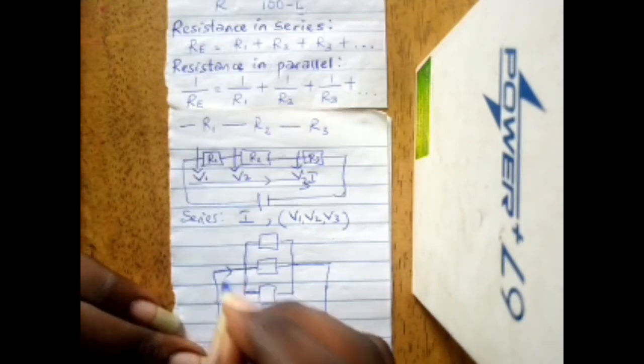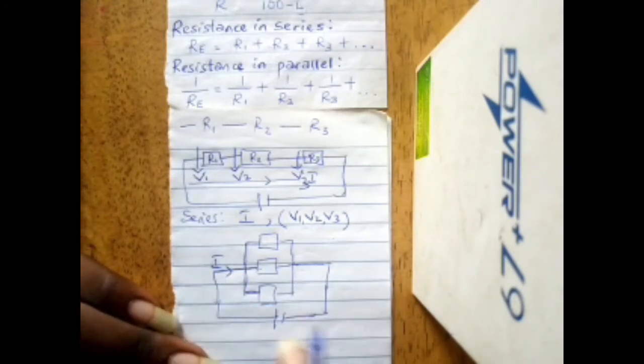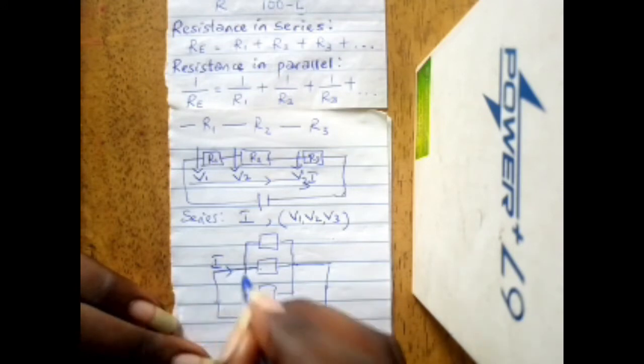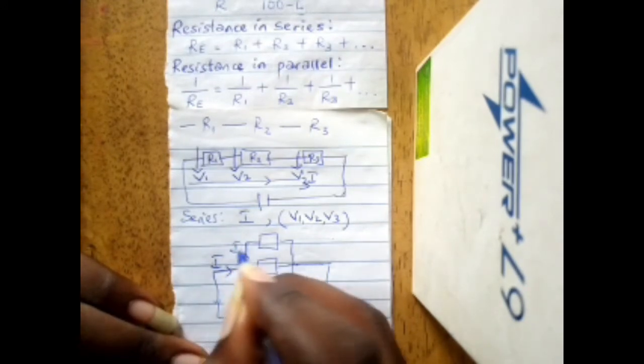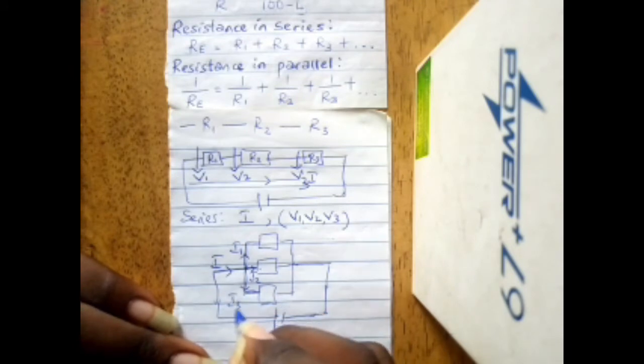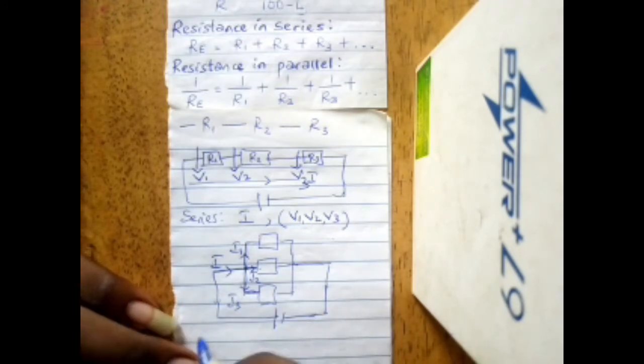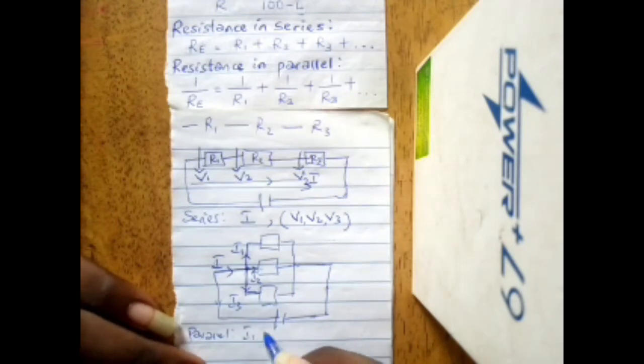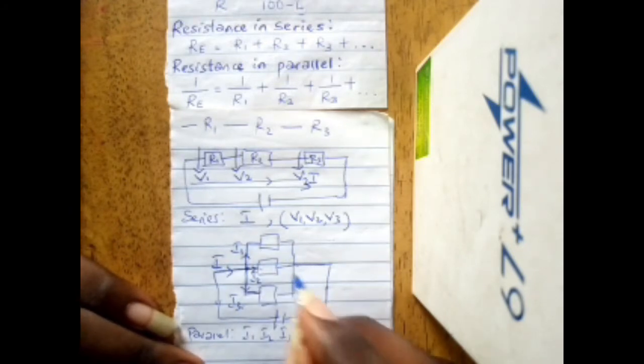Now in this case, the current coming from the source at this point splits into various forms, I1, I2, I3. And for a parallel connection, you have different currents. They split I1, I2, I3, and come back to this point.